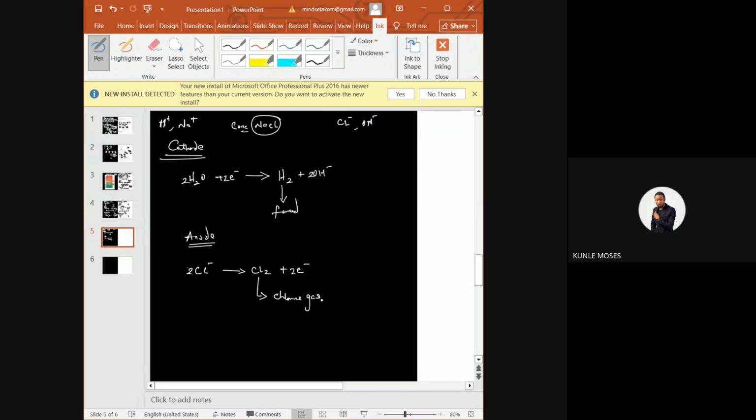In the laboratory, when you see professors doing electrolysis of NaCl, they need chlorine. They want to use it for something, maybe for an analysis. So chlorine gas is being formed in the electrolysis of concentrated NaCl. Is that taken? It simply means at the cathode, hydrogen gas is formed, and at the anode, chlorine gas is formed. Is that taken?